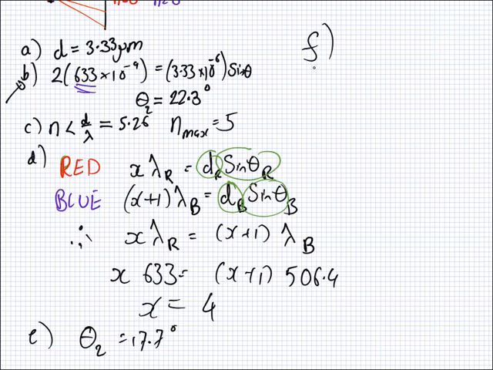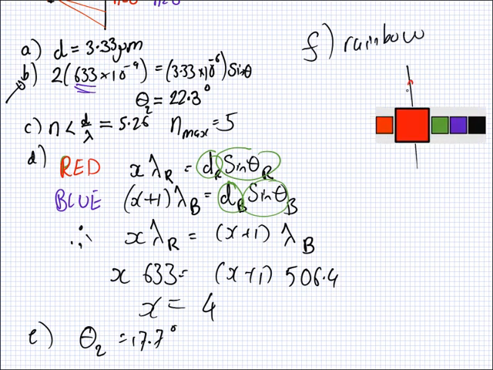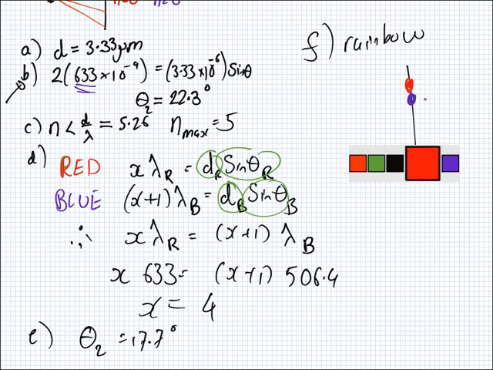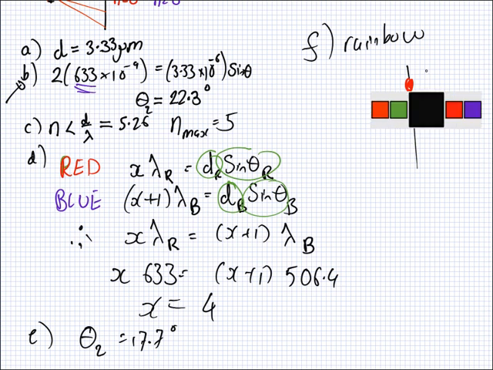What is going to happen is you will get the rainbow spectrum. The red light will be slightly higher than the blue light. So in fact, what you'll get is a rainbow starting with red on the top, orange, yellow, green, blue, indigo and violet.